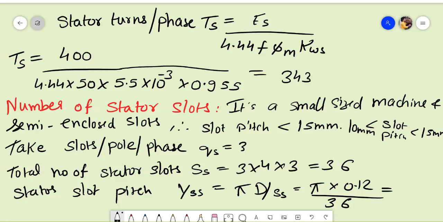And that shall be equal to 10.47 millimeters. So that is a good value, and it is well under the defined limits of 10 mm and 15 mm. So our stator slot pitch is lying between 10 mm and 15 mm, that is 10.47 millimeter. And that we wanted. Okay. So you can just write down these things.